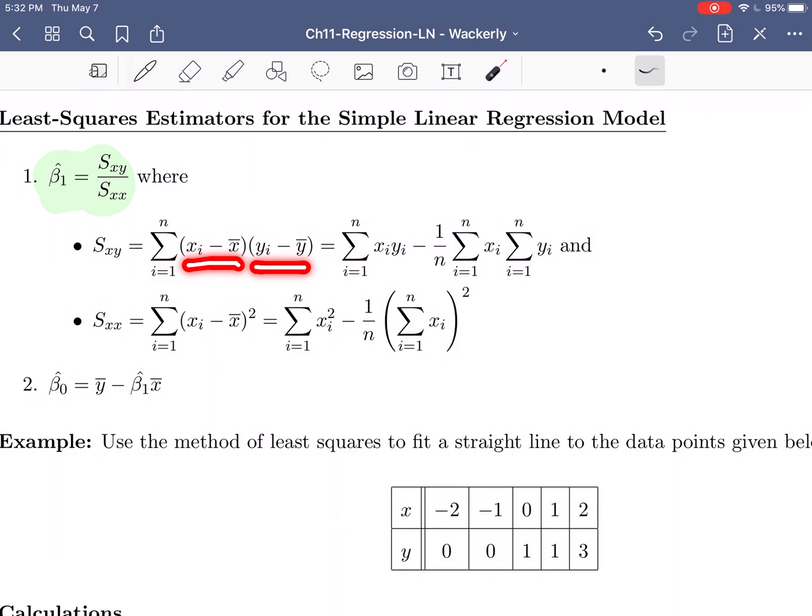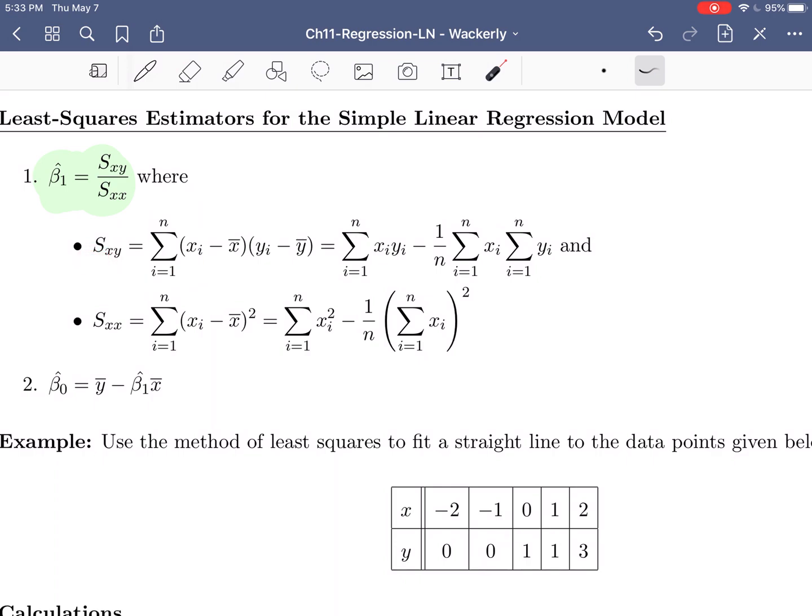You take each of those pairwise products, and then you add all of those up. So that's why it's called xy. It's a sum.